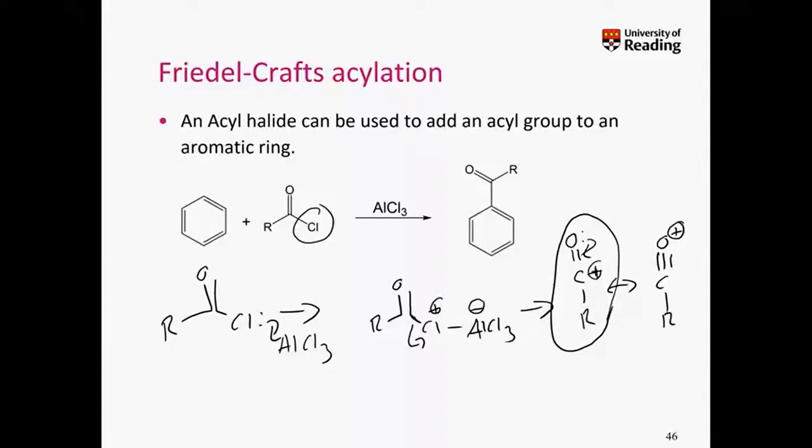Okay, so we've generated our carbocation. So we are ready to go. So then we take our aromatic ring. Okay, I'm going to draw it that way just because I want to. You don't have to. You can draw it with the carbon with the positive charge. But what I'm showing here is, again, a driving force.